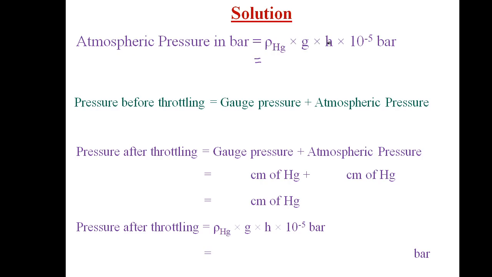This will be in Newton per meter square if h is in meters, g is in meters per second square, and rho is the density in kg per meter cube. Then we get this in Newton per meter square.